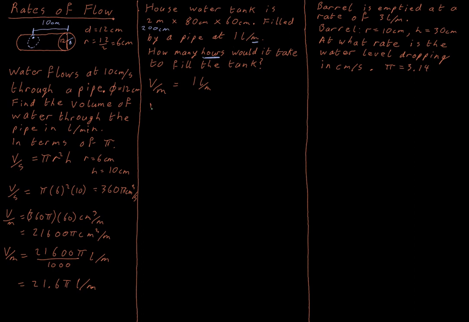which means that volume per hour, I should say, is what we want to convert to here, and it's going to be 60 times that. So every minute we do 1 liter, so over the hour we do 60 of them.